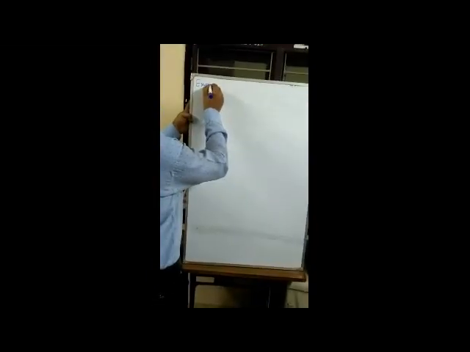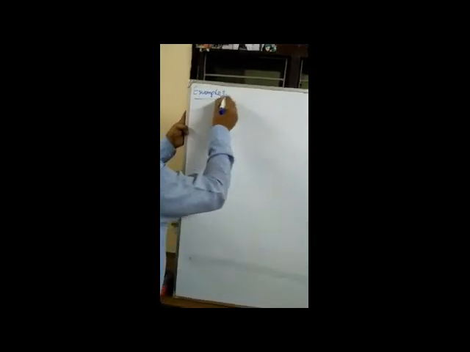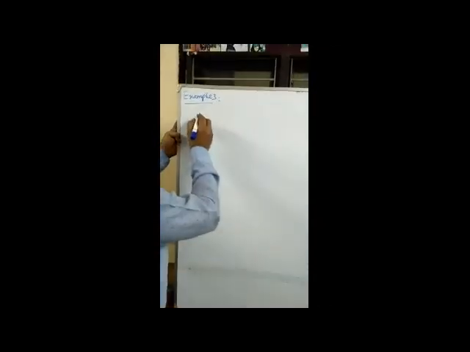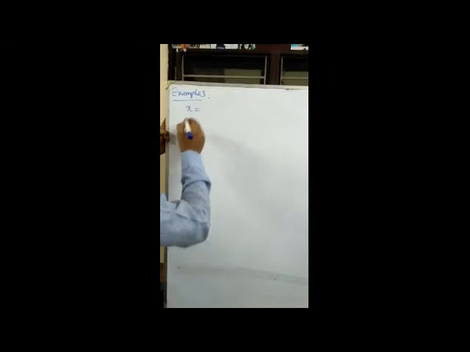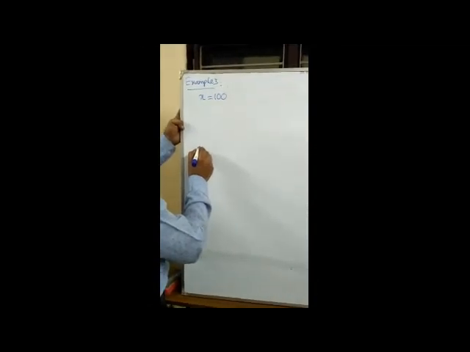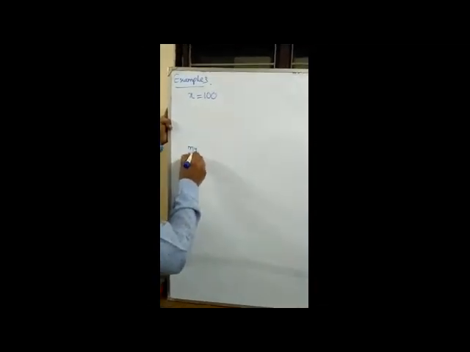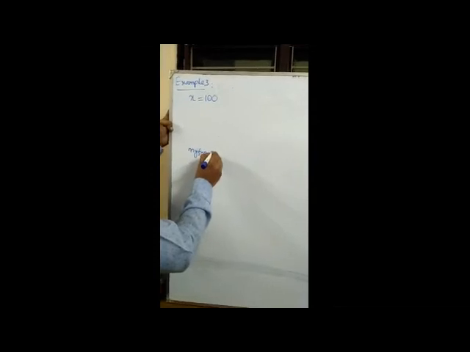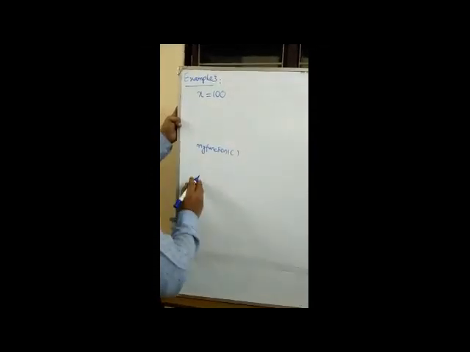Coming to the next example, example 3, I am writing this code. x is equal to 100. Here I am writing one function call statement, my function 1.